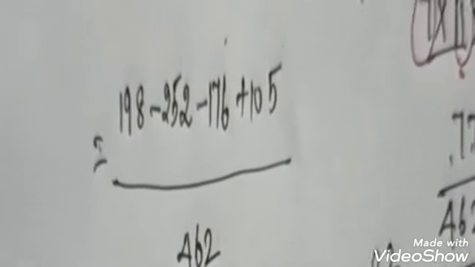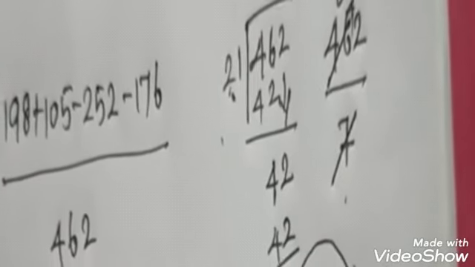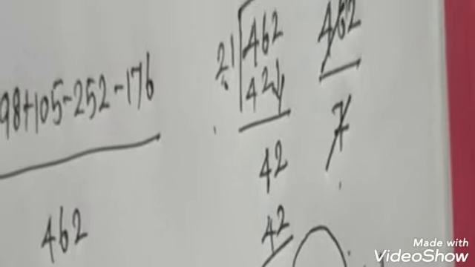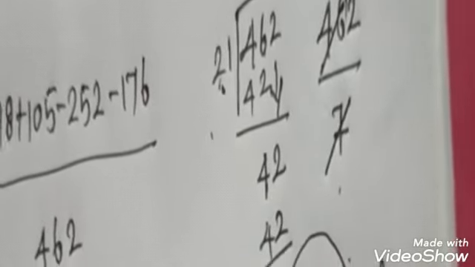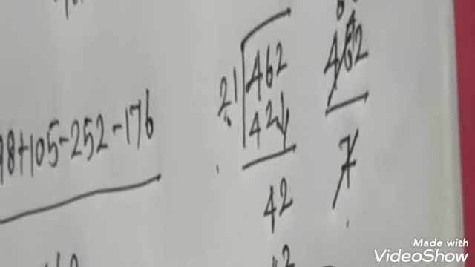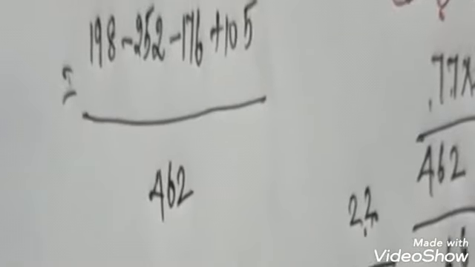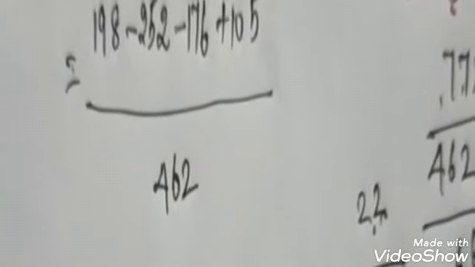So totally 303. And then the minus values, minus 252 minus 176. In integers, same symbols you have to add. 6 plus 2 is 8, 7 plus 5 is 12, 2 carry over 1, 2 plus 1 is 3, plus 1 is 4. So the common symbol is minus. You get minus 428 divided by 462.